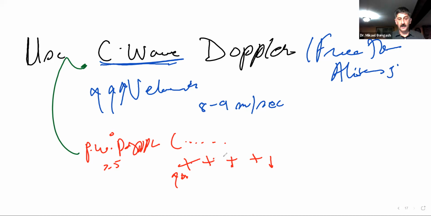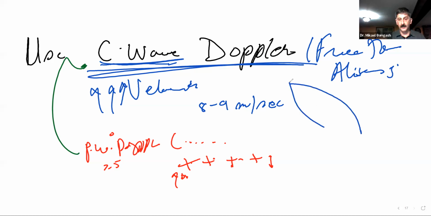So if these four steps didn't do it, then the only option we will have left is to use a continuous wave Doppler. There is not going to be a pulse, but there is going to be an area of overlap in which the Doppler shift will be measured and calculated.